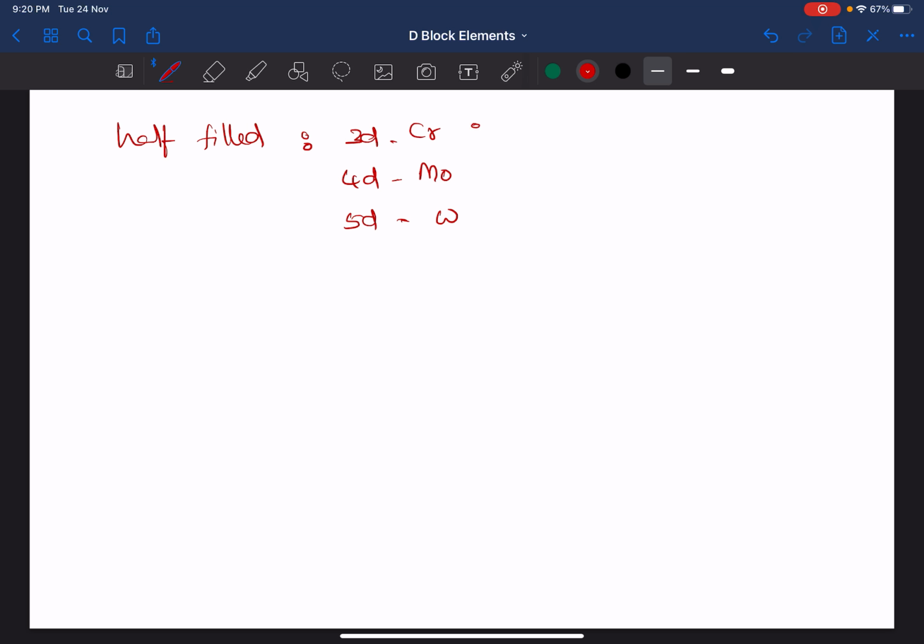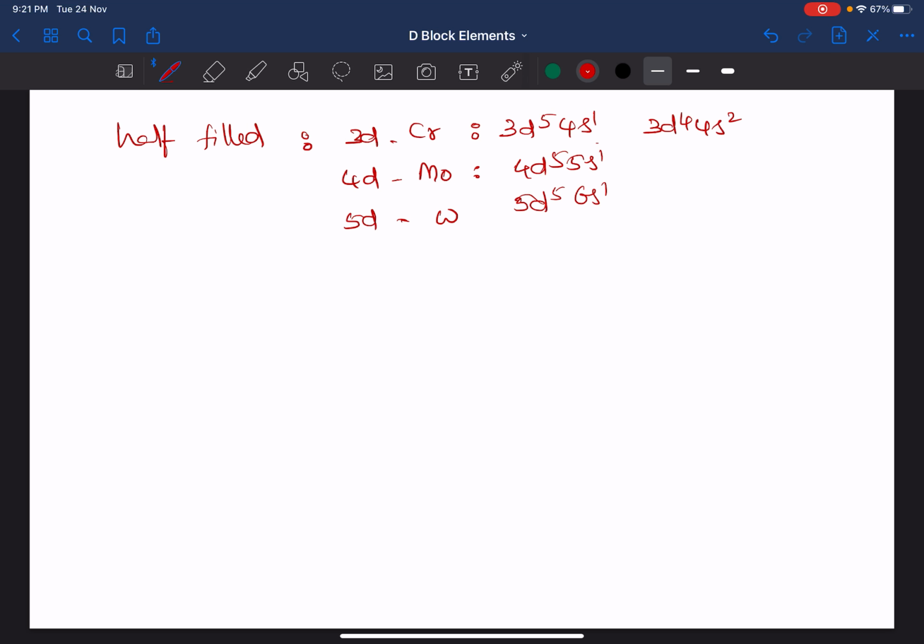Here for chromium, we have known that it is 3d5 4s1 instead of 3d4 4s2. So the half filled configuration is more stable, and its electronic configuration will be slightly changed to 3d5 4s1. Whereas molybdenum is 4d5 5s1, and tungsten is 5d5 6s1. So those are the electronic configurations.